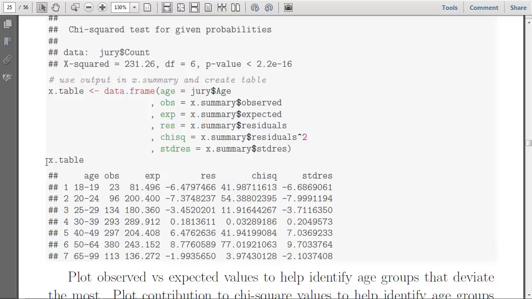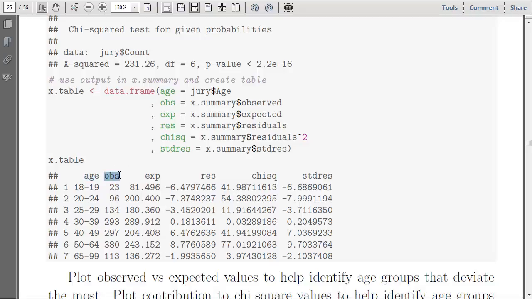The x.table has these columns in it, and we're going to focus on the observed and the expected frequencies. And in order for ggplot to do something with this, we need to take this data that's in wide format. Basically, we have a label for age, and then we have 2 variables that we want to plot.